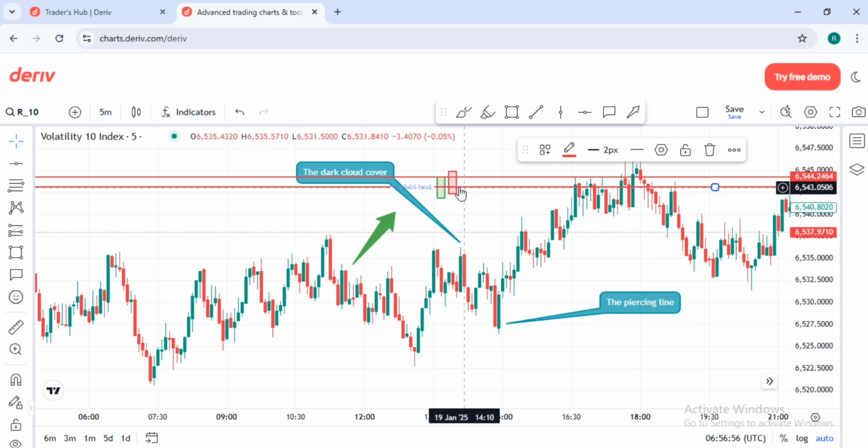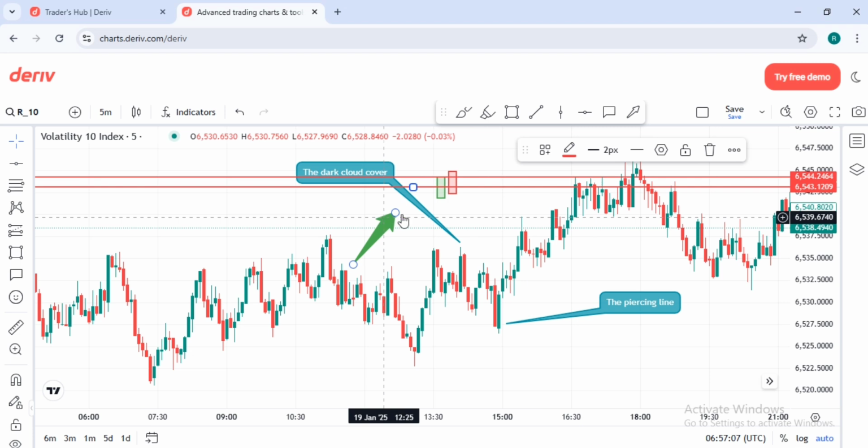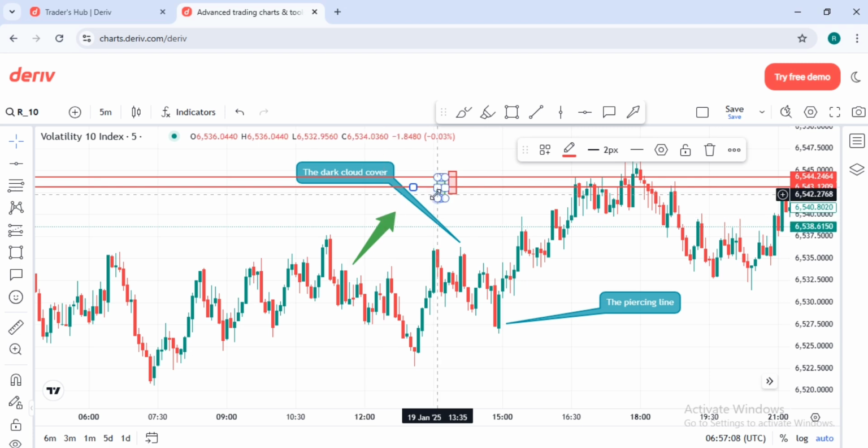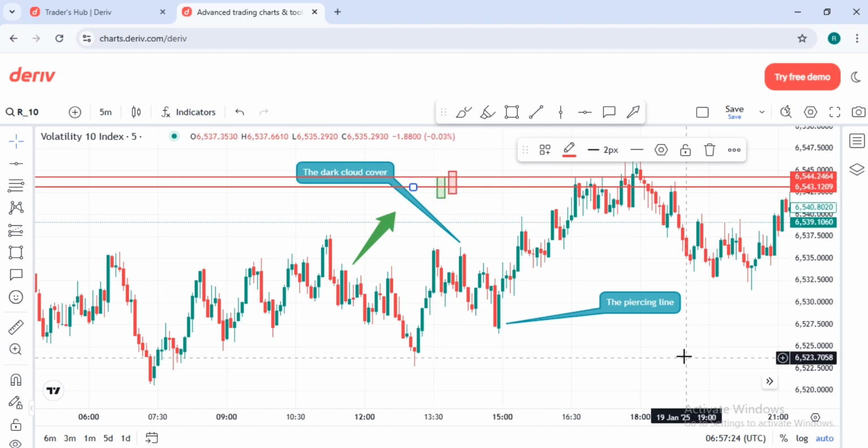The red one has to close past halfway through this green one. So there is an uptrend, a green candlestick is formed, followed by a red one. The red one has to start above the green one, and it has to close somewhere past half of the real body of the green one.